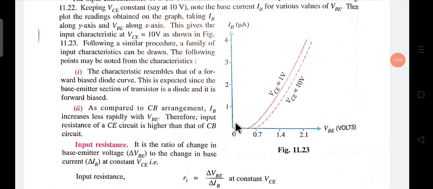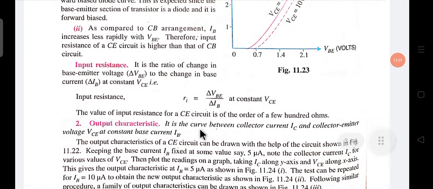IB increases rapidly in common base, but here IB increases less rapidly. And the input resistance Ri is del VBE by del IB.